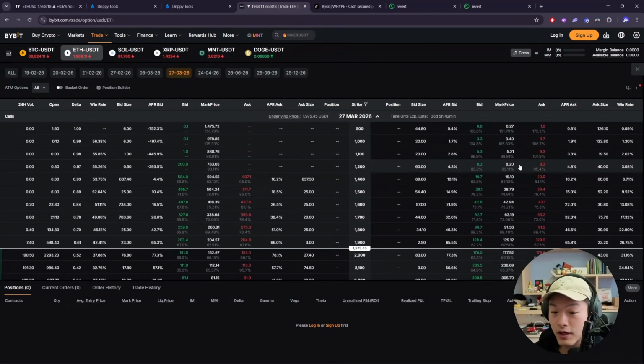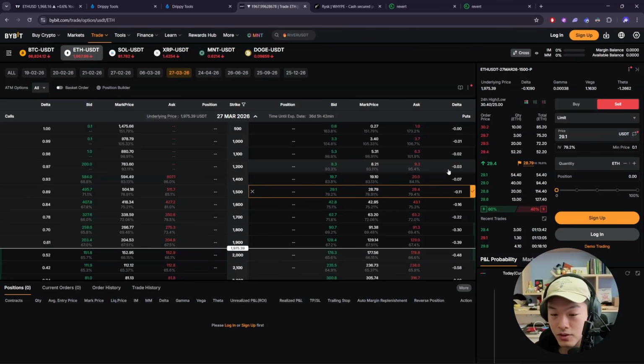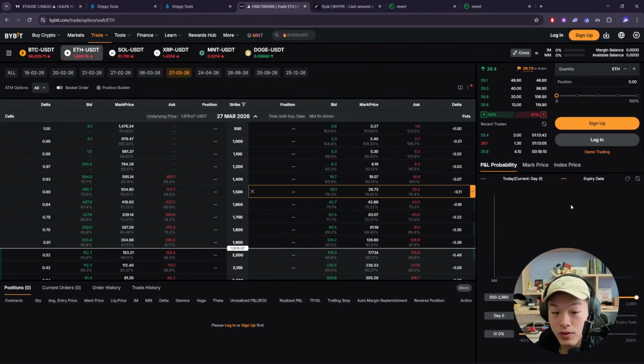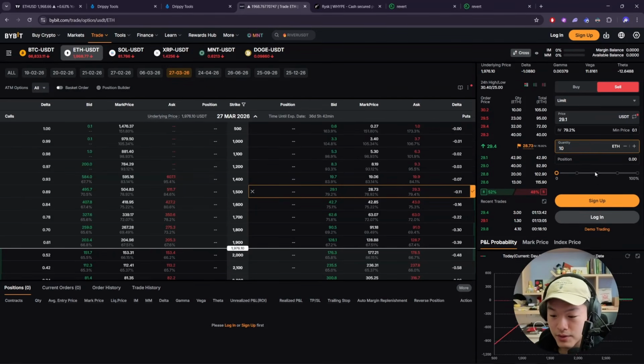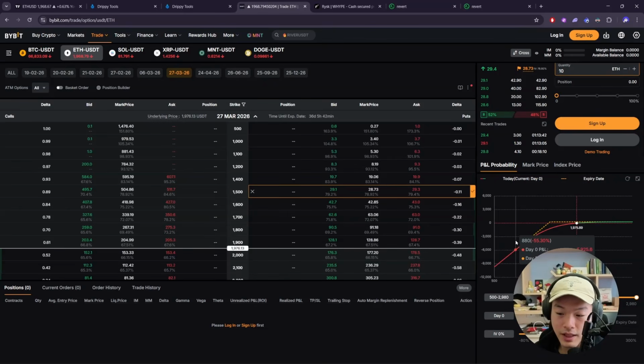I have not done too many option trades or sold or bought too many options, but if I were to, let's say, do a cash secured put on ETH, and let's say I want to do 10 ETH worth, you can see this is the equity curve that looks very similar to what we have. The only difference is at expiration, you will be profiting based on whatever premium you collected. And the curve would not be as curved as that LP.